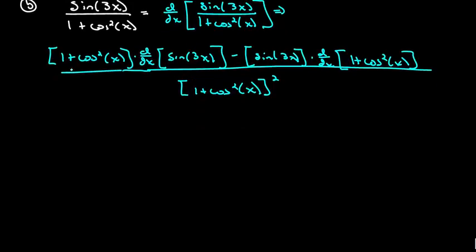Okay, so now we need to go ahead and get these little pieces here. So this right here just comes along, so we've got 1 plus the cosine squared x.